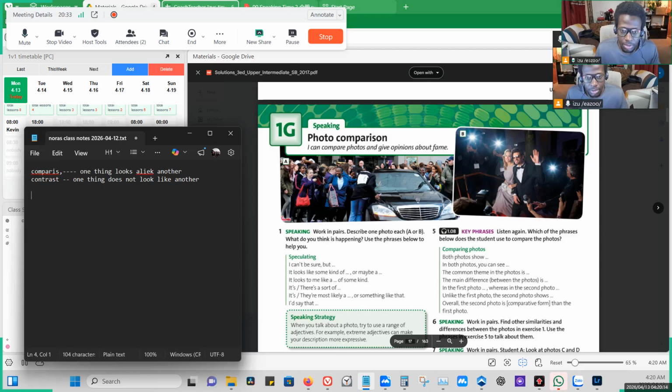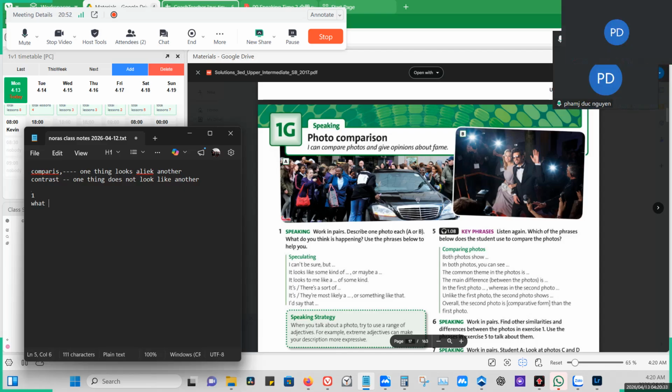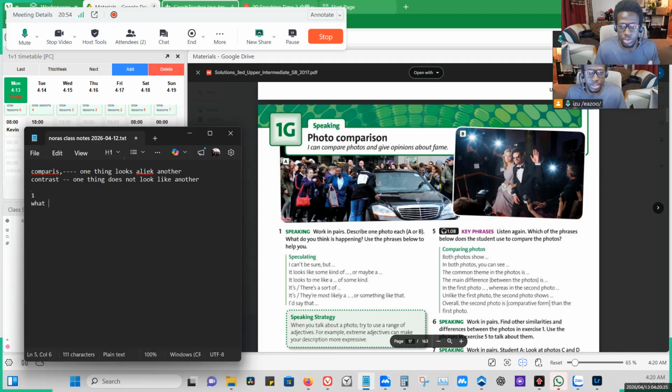So let's see. What are some things that are similar in these two pictures?